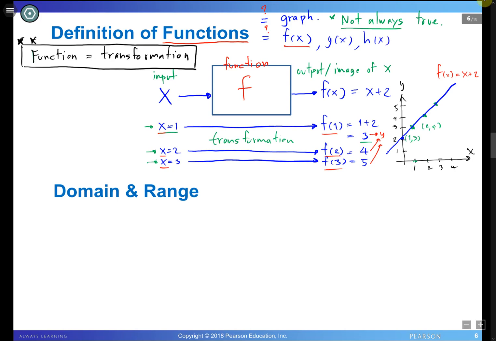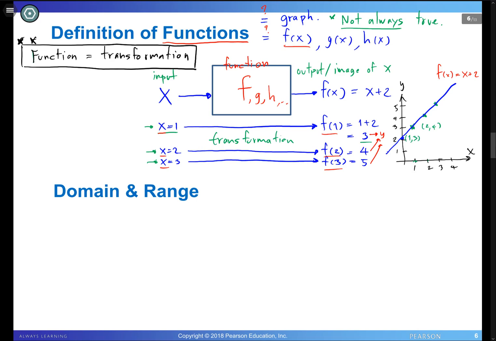So what you see right here, you can put g, you can put f, h, or any other names you want. Alright, and that's why I told you that function doesn't have to be f(x). It can be g(x), it can be h(x), anything that you want to name it.